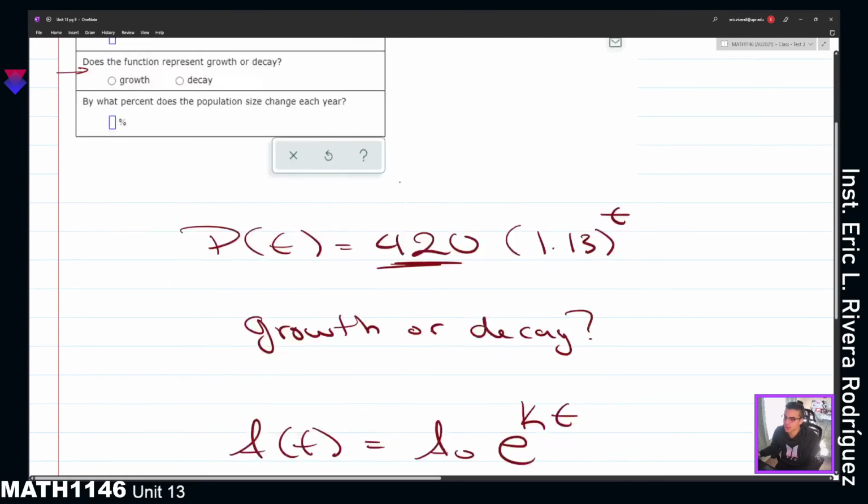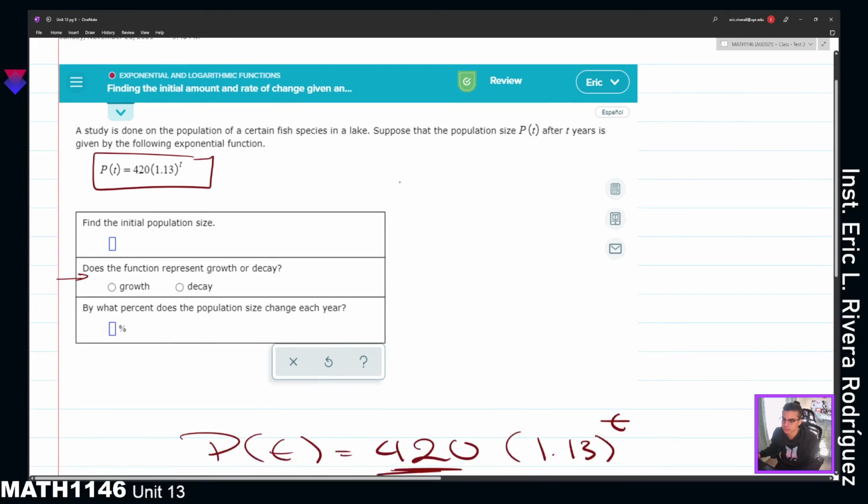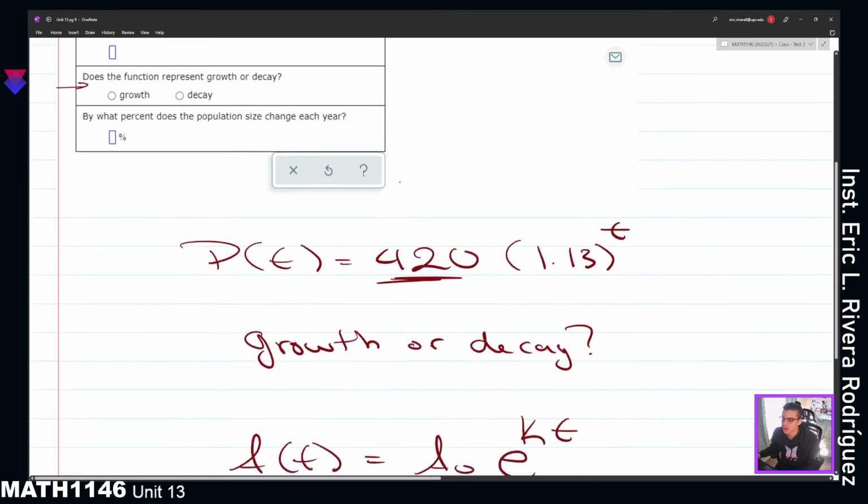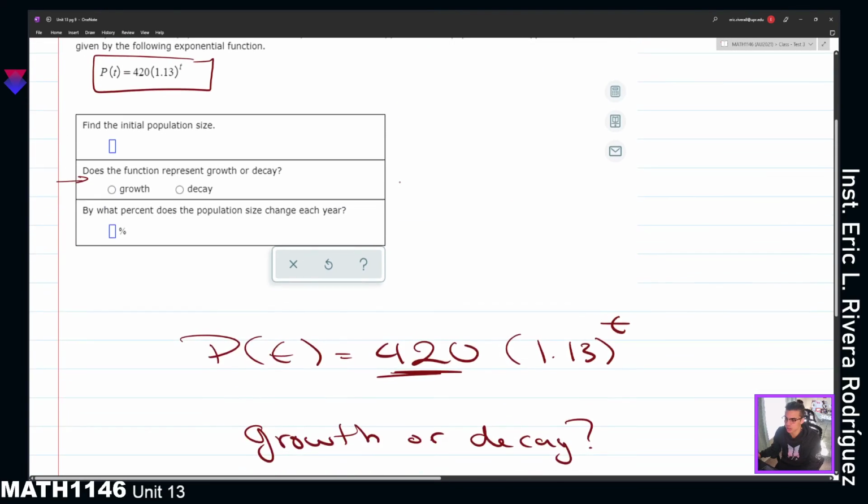The initial amount is 420. How do I know that the initial amount is 420 if this formula is different? When you put t equal to 0, P of t is equal to 420, because when t is equal to 0, the entire exponential expression gets cancelled, and what is left is just the factor of 420.